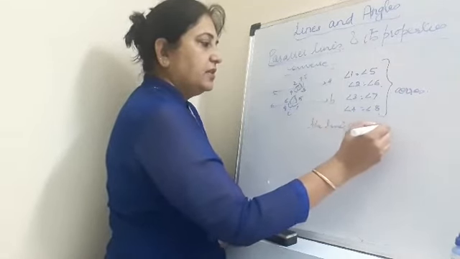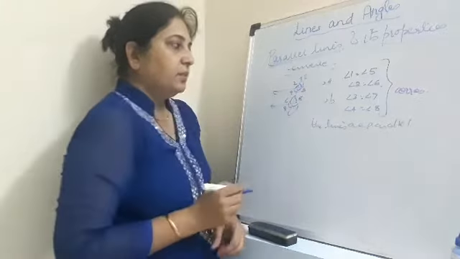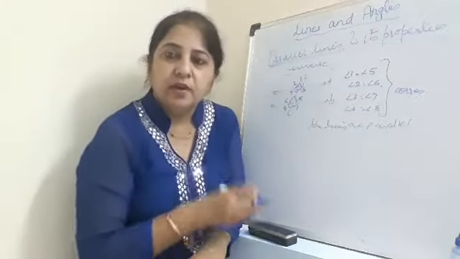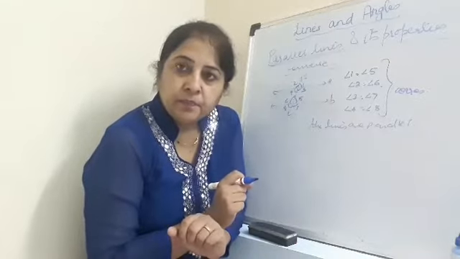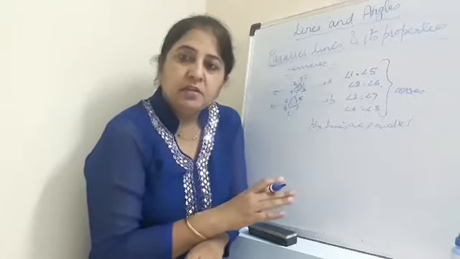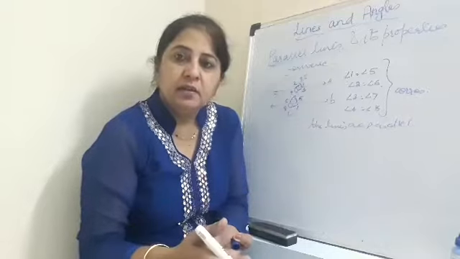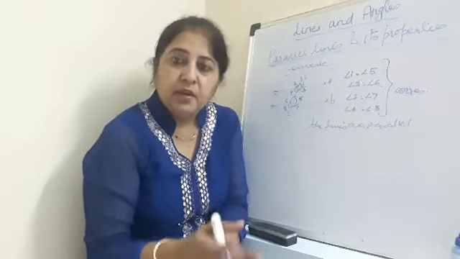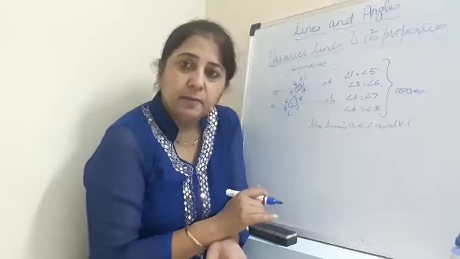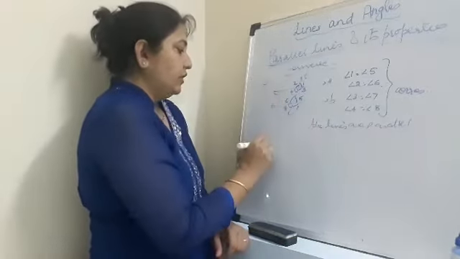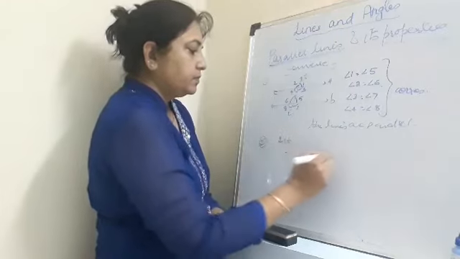Okay, so what is the converse statement? The converse statement is, if the pair of corresponding angles are equal in measure, then the lines are parallel. Okay, in the first statement it was if the lines are parallel, then corresponding angles are equal. Now it is saying that if the corresponding angles are equal, then the lines are parallel. Okay, similarly we can go with the alternate interior angles also.